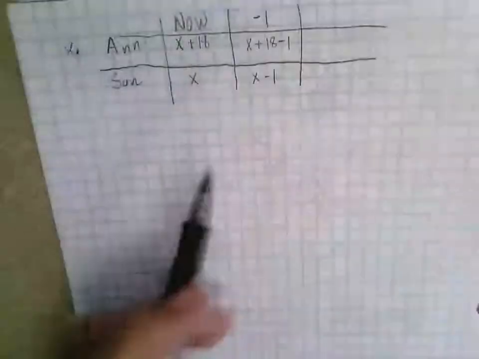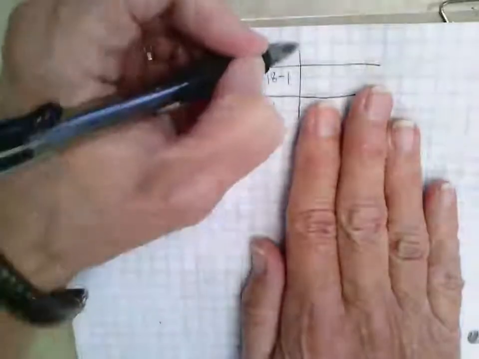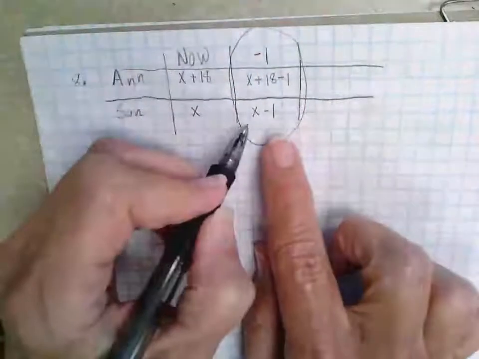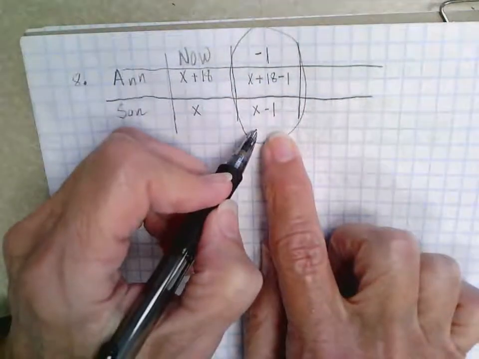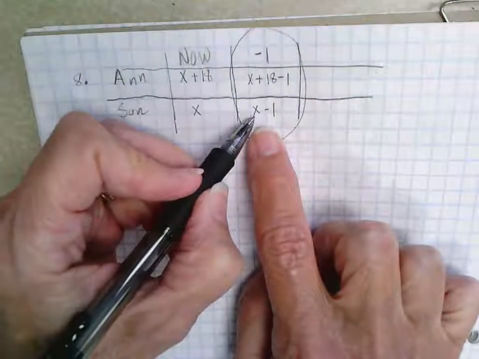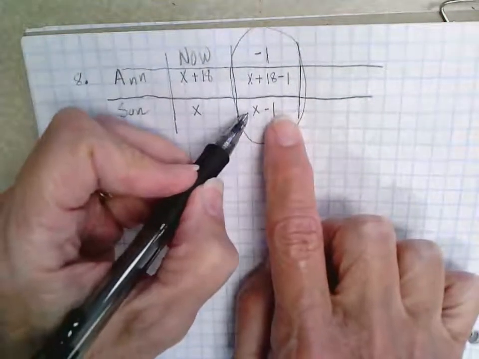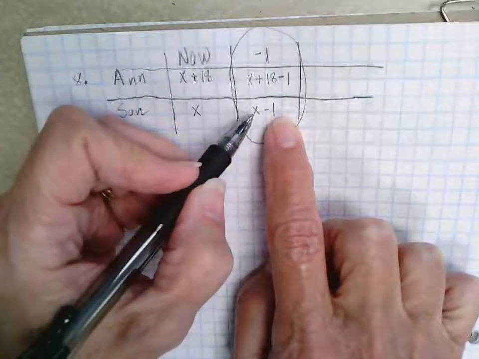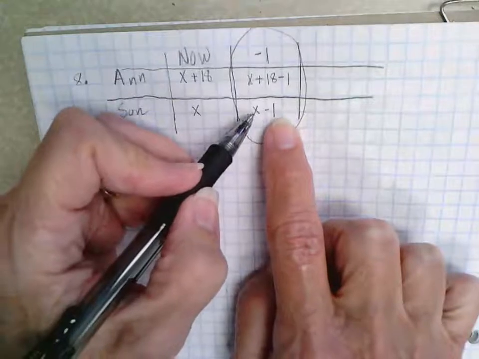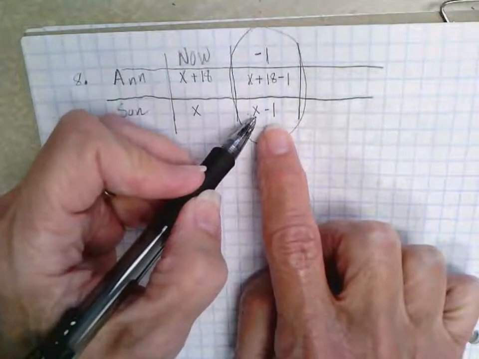So when we look at what we have 1 year ago, this is what we have. This is 1 year ago. This is where we want to focus. And we know that Anne is going to be 3 times as old as her son is right here.